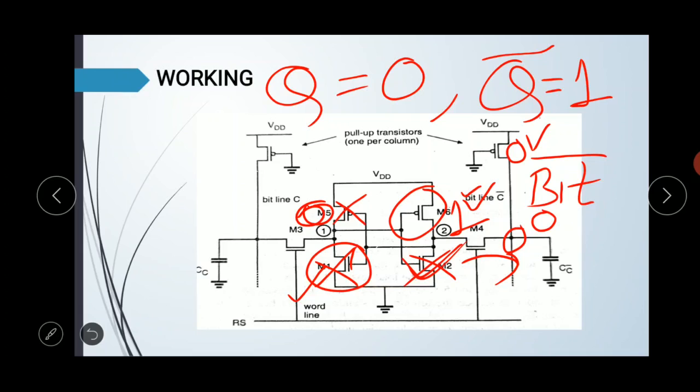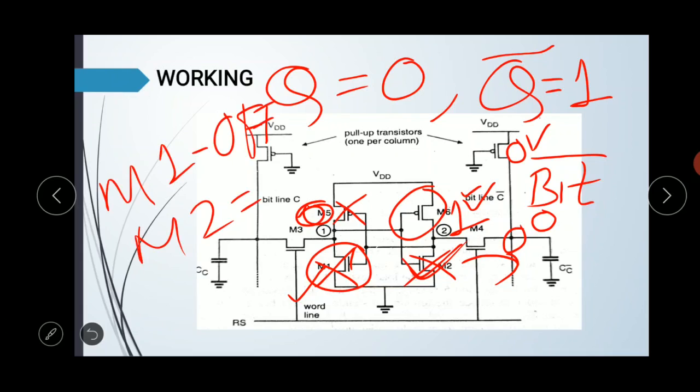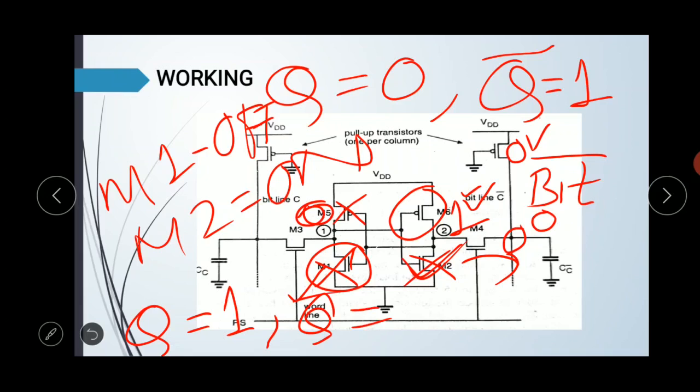So when M1 is off and M2 is on, that is interpreted as Q equal to 1, meaning the write operation is successfully completed, and at the output we see Q equal to 1 and Q bar equal to 0, as M1 is turned off and M2 is turned on.